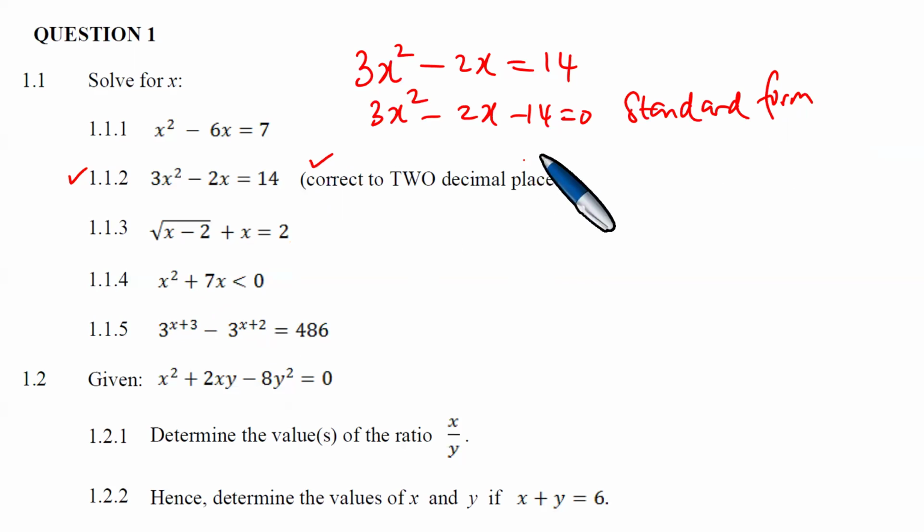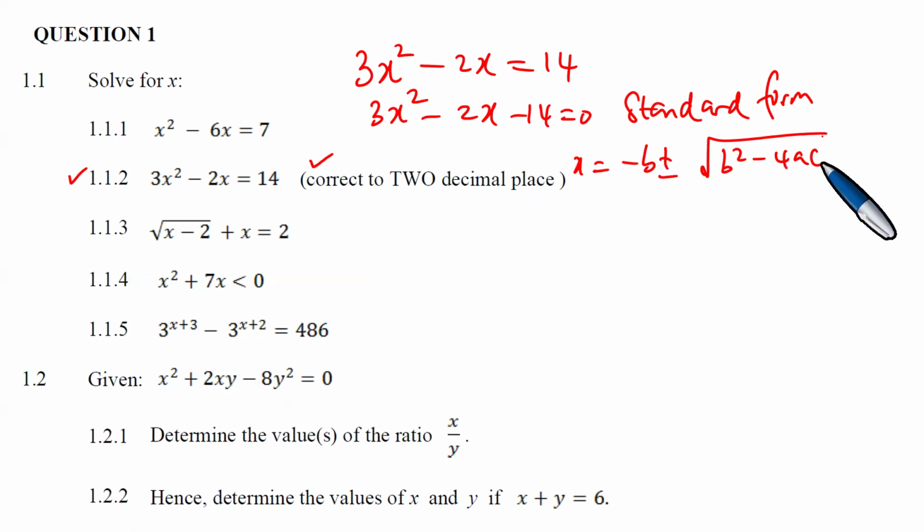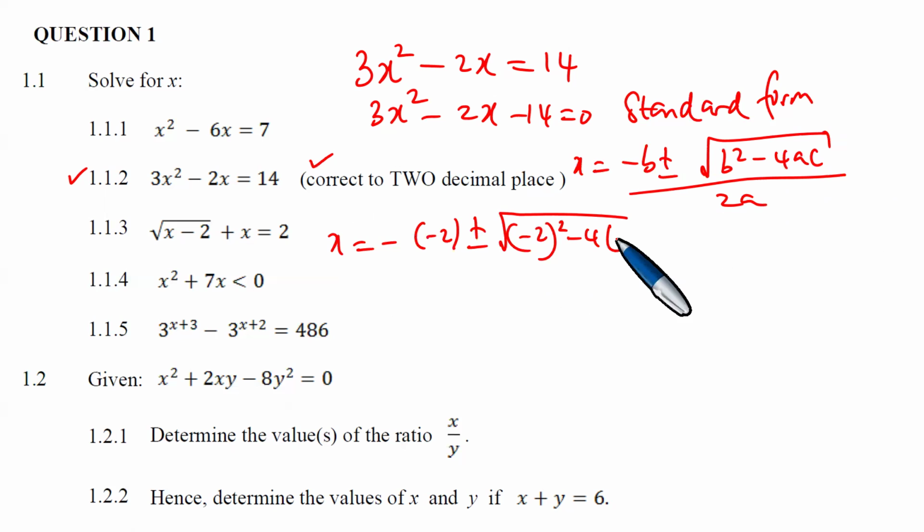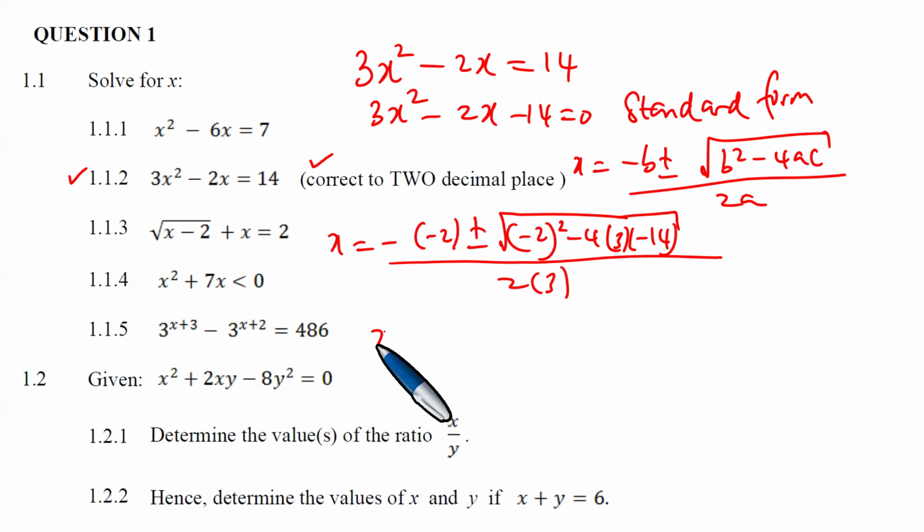Use the correct formula because they've already said correct to 2 decimal places, and so we're going to use the quadratic formula, which is x equals minus b plus or minus the square root of b squared minus 4ac, all over 2a. So x is minus minus 2 plus or minus the square root of minus 2 squared minus 4a c, where c is minus 14, all over 2a.